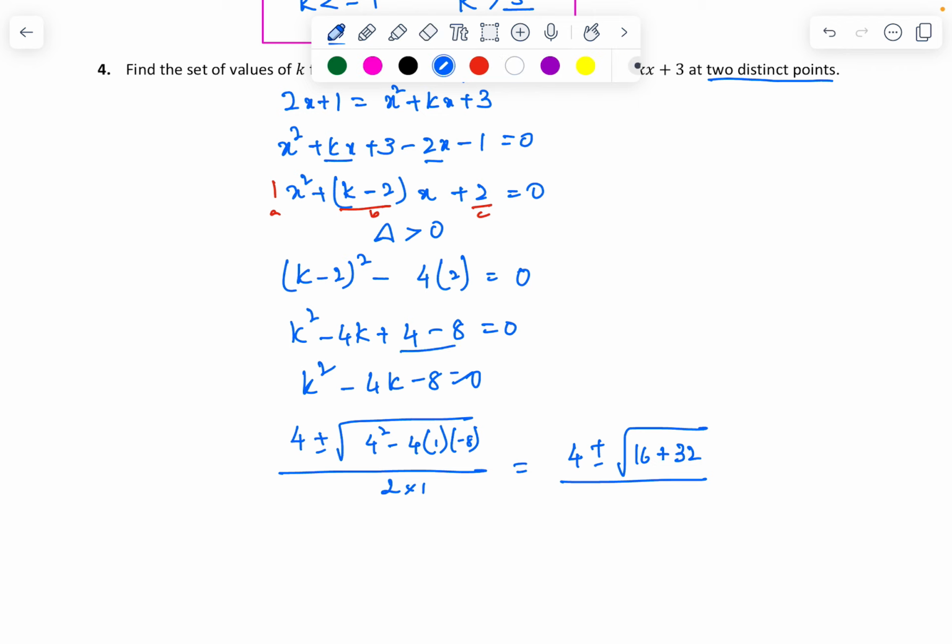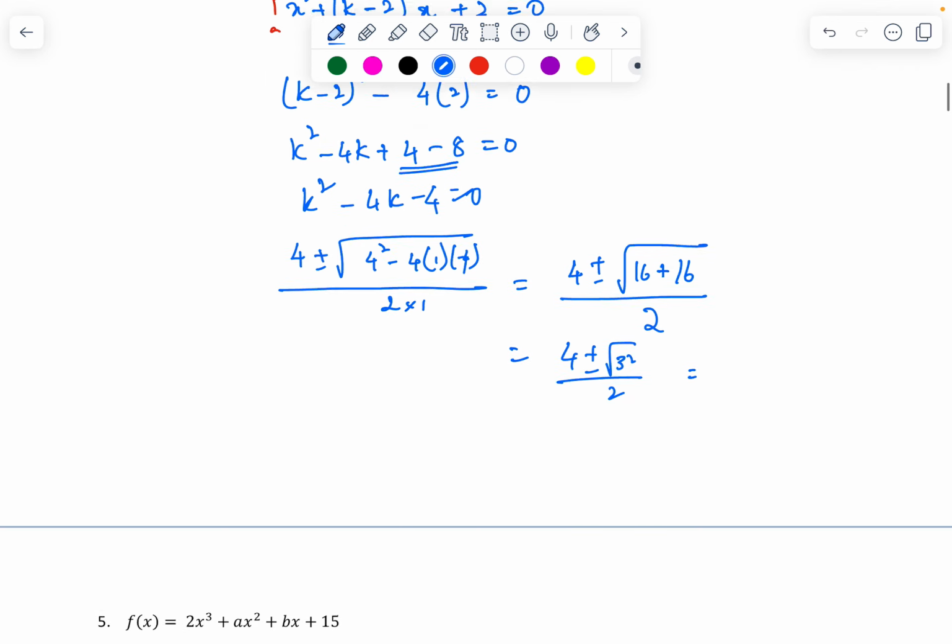I did not simplify here, right? So this becomes a 4, my bad. So this is also 4. So this gives me 16. Then 2. So this is equal to 4 plus or minus square root of 32 over 2.